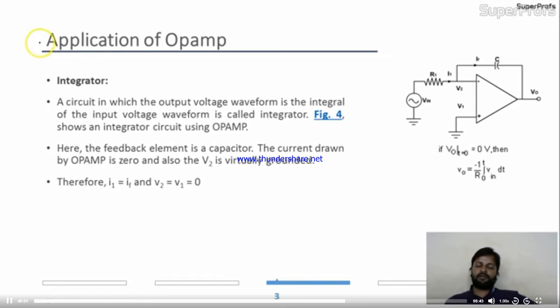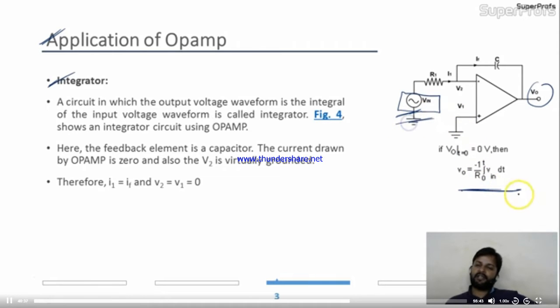Now if we talk about the application of op-amp circuits, this is figure 4 given over here. What are the applications where we are using op-amp circuits? So the first one is the integrator. Integrator means if you are applying some input Vin at the inverting terminal, at the output you are not getting a direct linear relationship between Vin and V0, but in this manner.